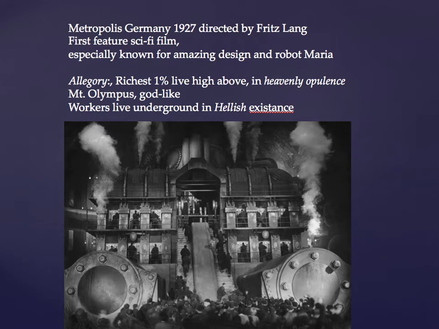So there is an allegory. We've got Maria, and the workers live in the city below, in a hellish existence. Yes, literally and figuratively, down in hell. It's tinted all red in the film. And the richest 1%, they don't call them 1% in the film, but they're up high above, almost like they're up there on Mount Olympus, looking down on the poor workers below.